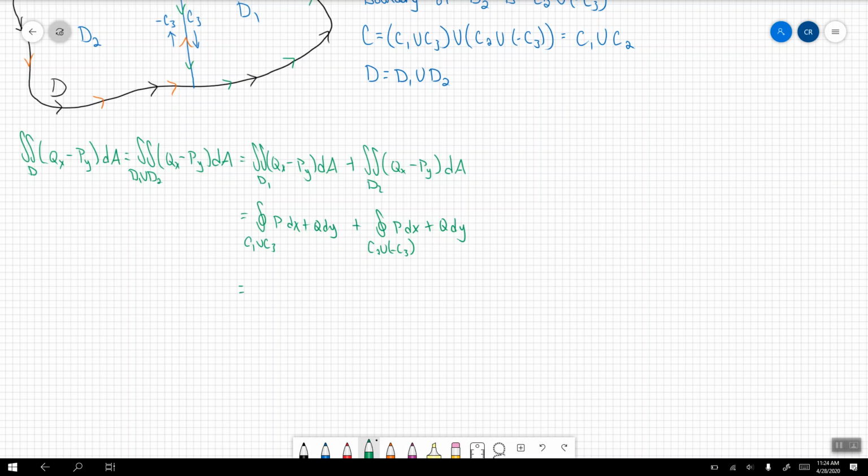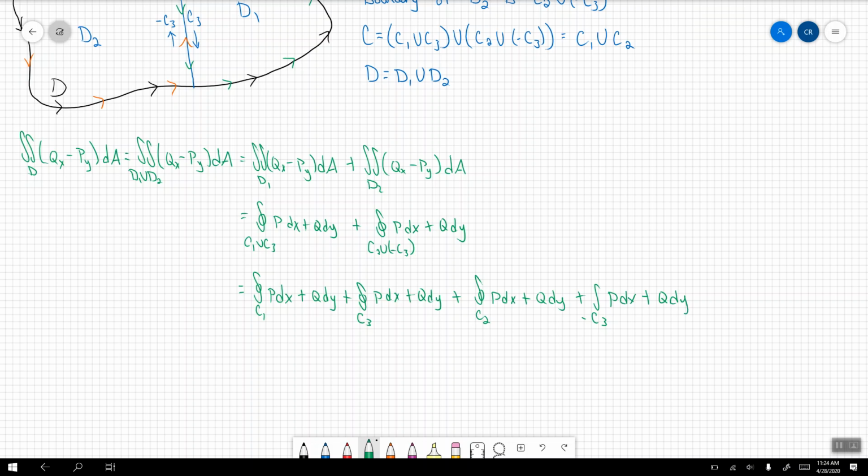Since this line integral traverses two different curves, we can split the line integral into those two curves, plus the line integral for C3 for P dx plus Q dy, plus the line integral for C2 for P dx plus Q dy. All right, looking good. Plus the line integral for negative C3, and that's going to be for P dx plus Q dy.